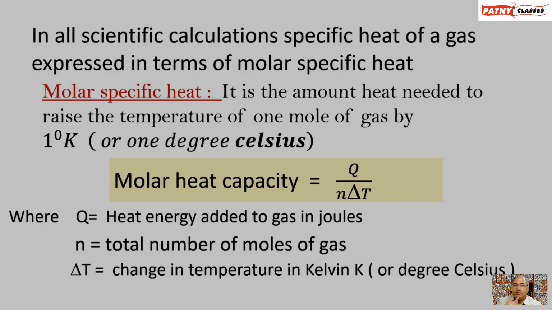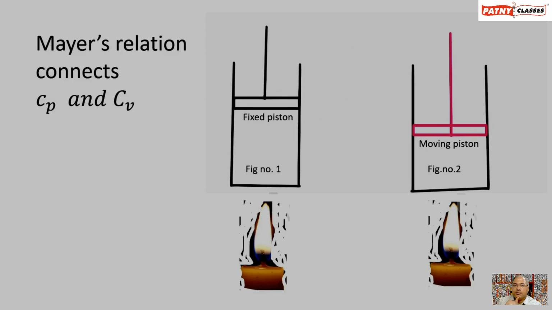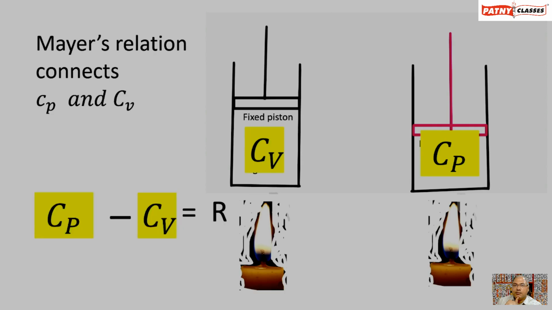Mostly we deal with Kelvin. So we have two types of specific heats for gases, that is Cp and Cv. Mayer's relation connects these two specific heats by the relation Cp minus Cv equals R. This relation is called Mayer's relation.